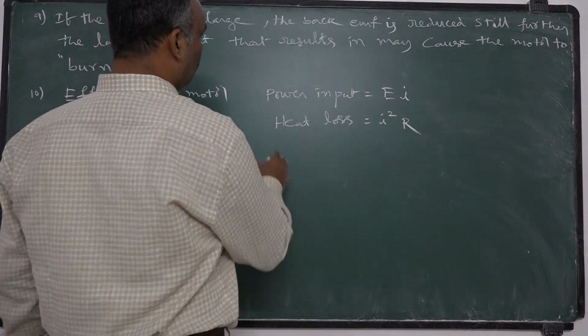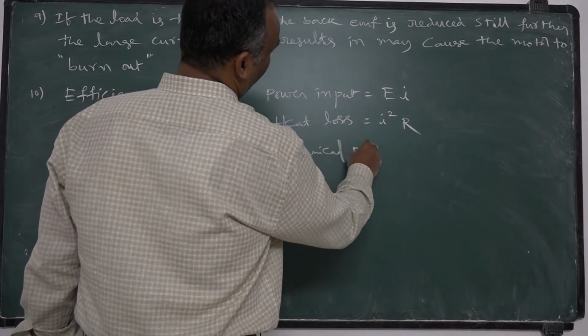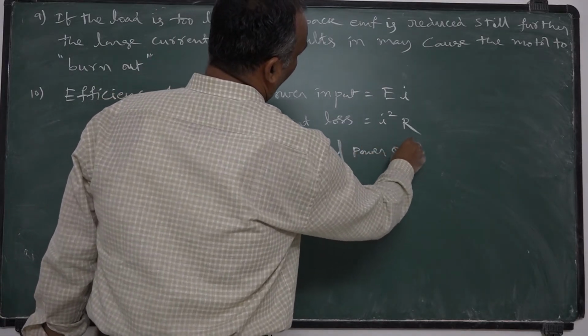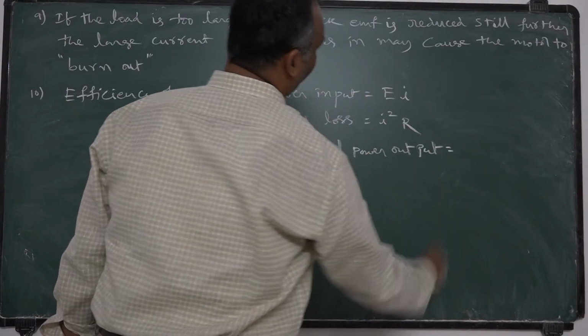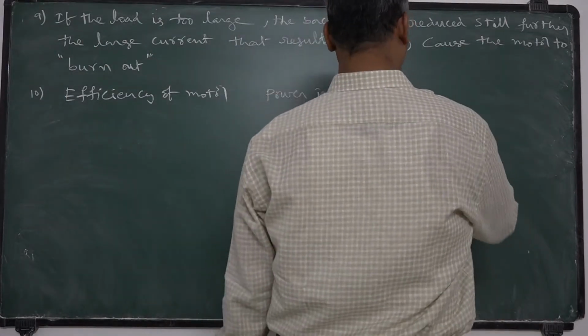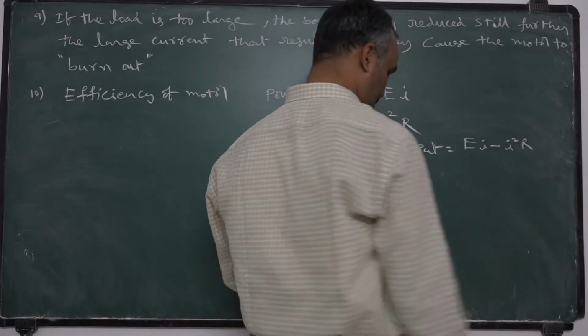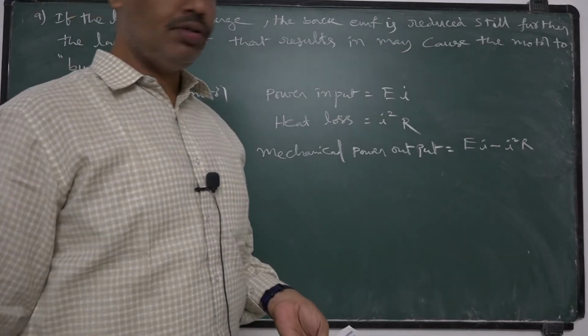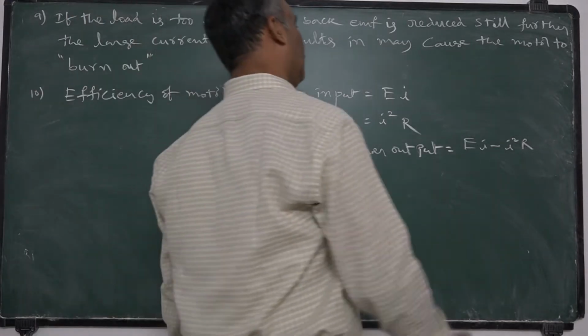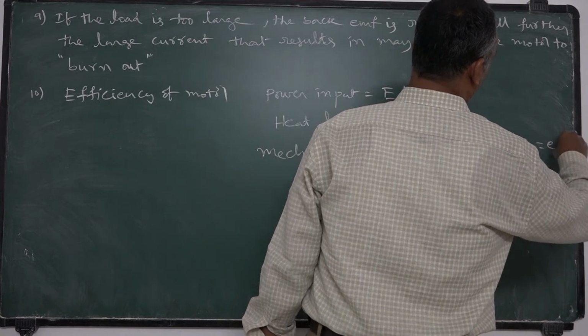Mechanical power output is nothing but input power minus power loss. This is the net power output, which is nothing but back EMF developed into the current.